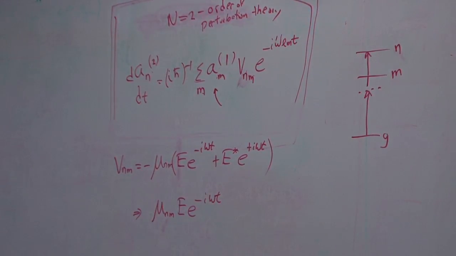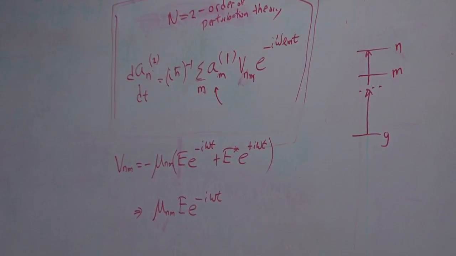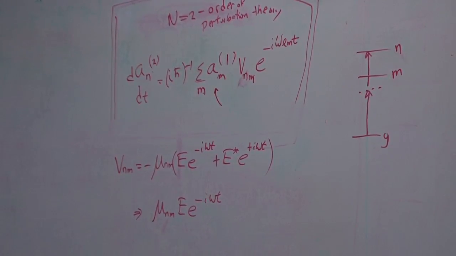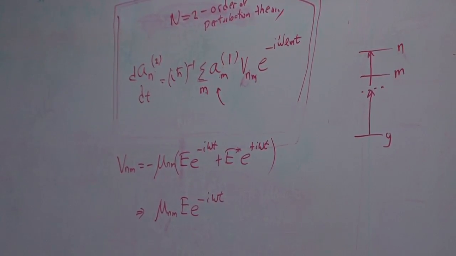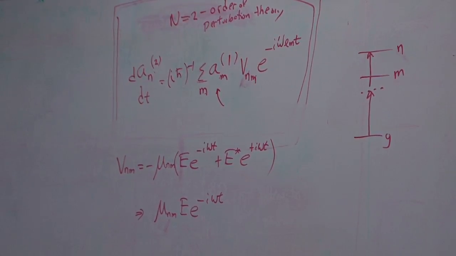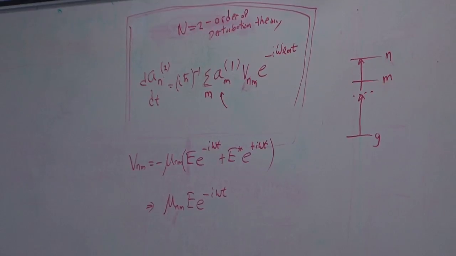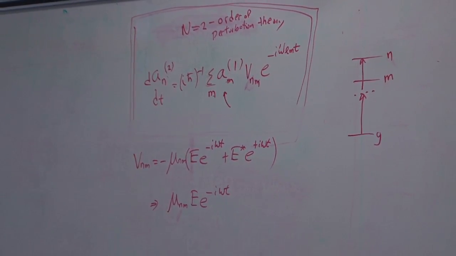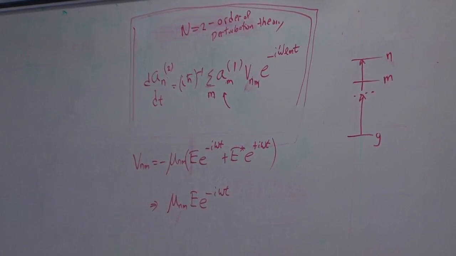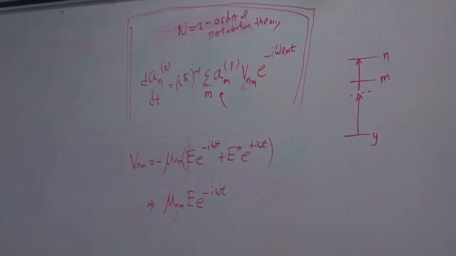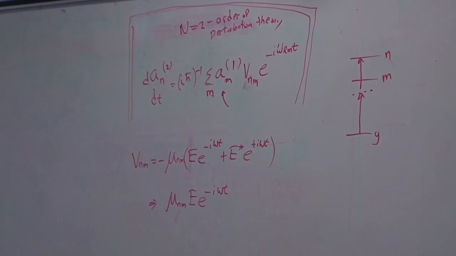And I think it's easier just to go back to the equation. Go back to this equation. Yeah, it was just a number that told us what order in perturbation theory we were working.